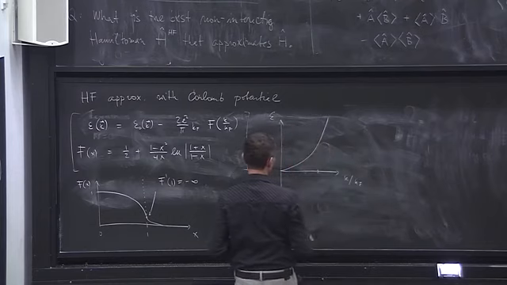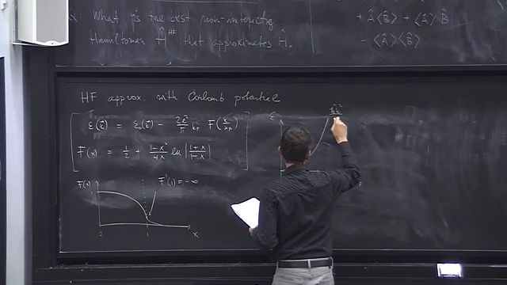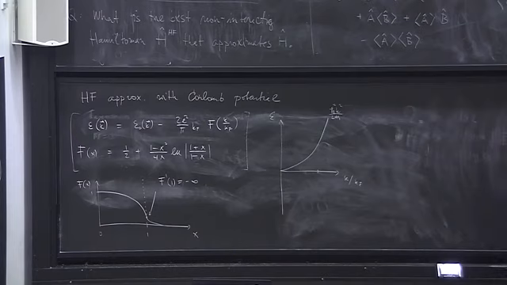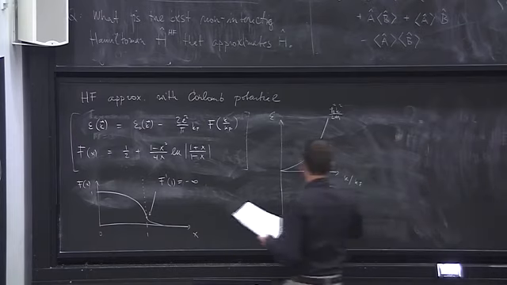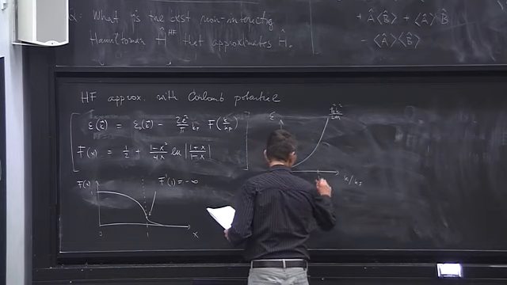So if this is the parabola, just h bar squared k squared over 2m, the free electron gas, this is 1.